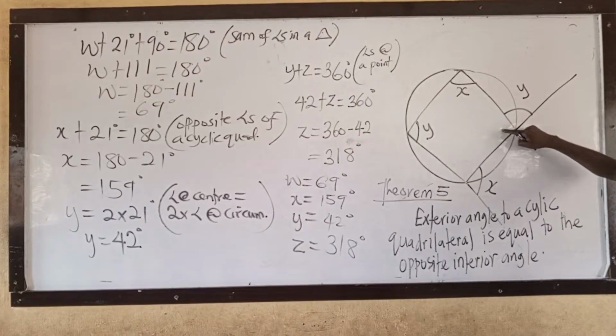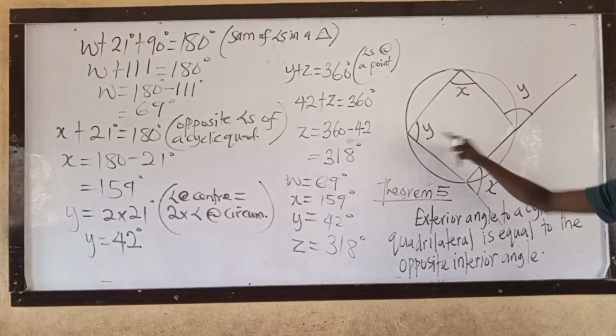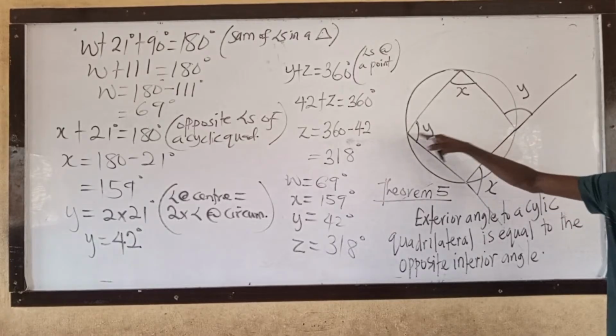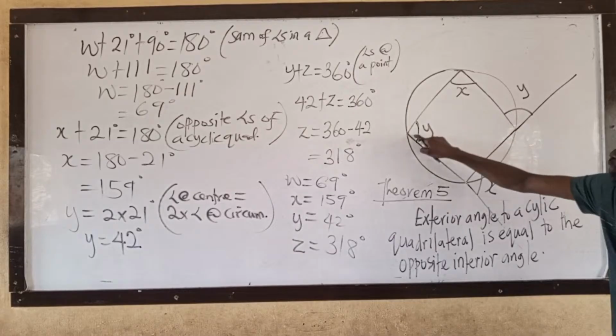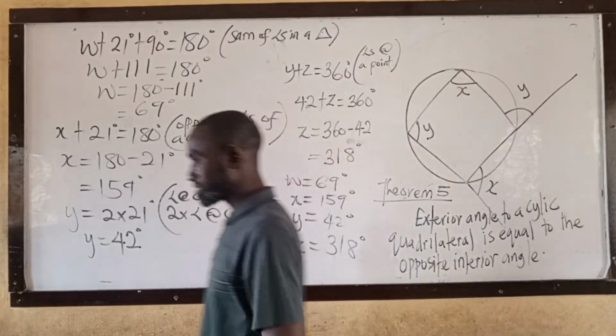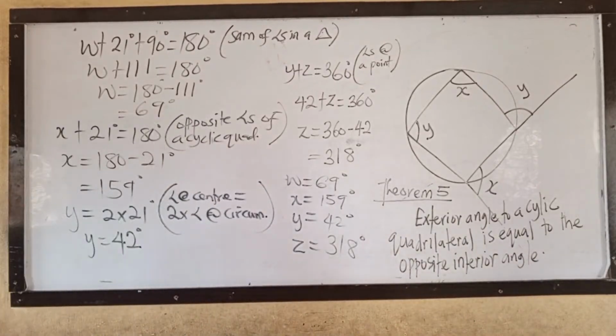And this one is 170, which also follows from opposite angles of a cyclic quadrilateral. So 10, 170, 170, 10, 170. Is it clear? That is just one question on this.